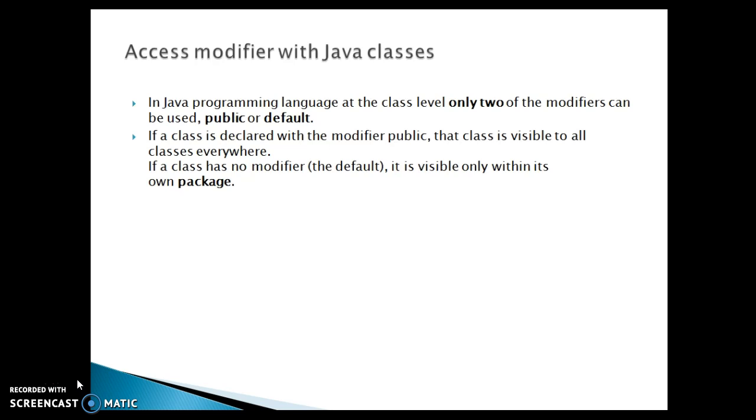You can write the public access modifier explicitly. If you do not write any access modifier, then that is considered a default or package modifier. If a class is declared public, then that class is visible to all classes from everywhere. If a class has no modifier or the default modifier, it is visible only within its own package.